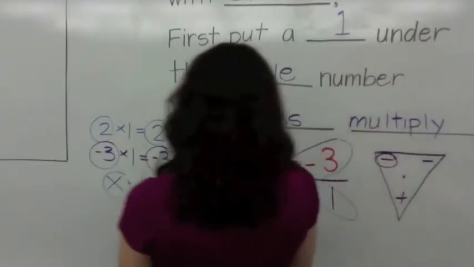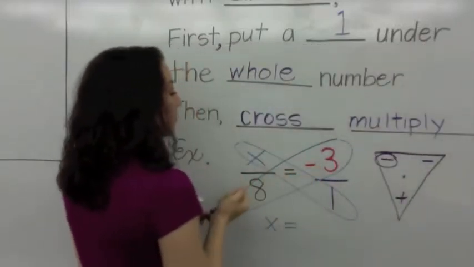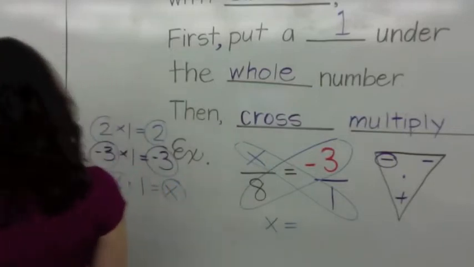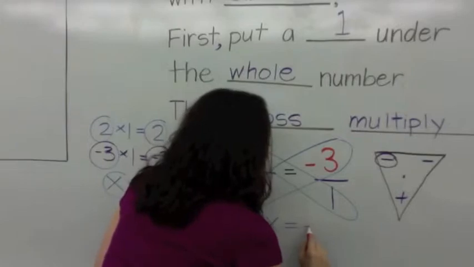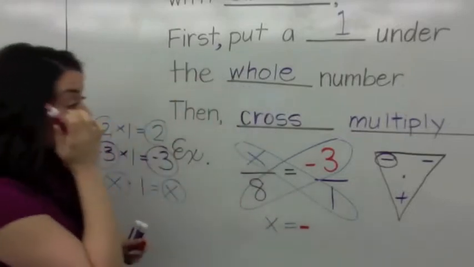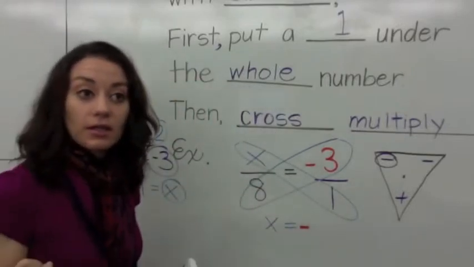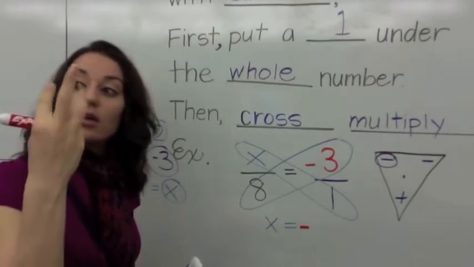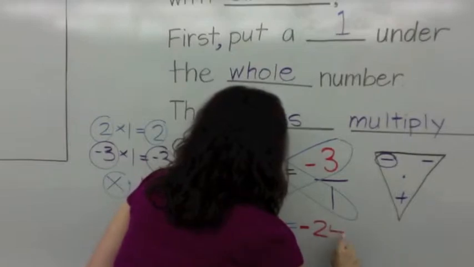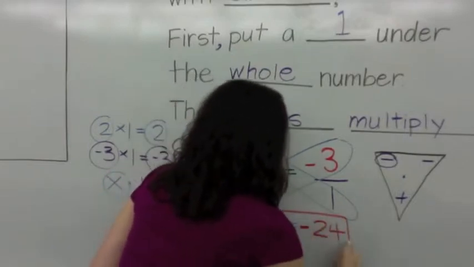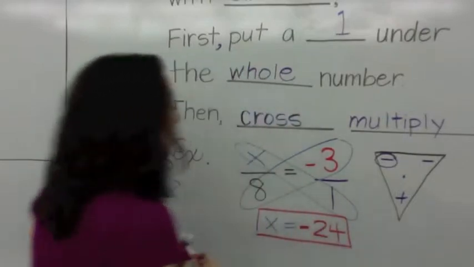A positive times a negative is negative, so our answer will be negative. So we just have to know what is 8 times 3. 8, 16, 24. So this is negative 24. All right, very good.